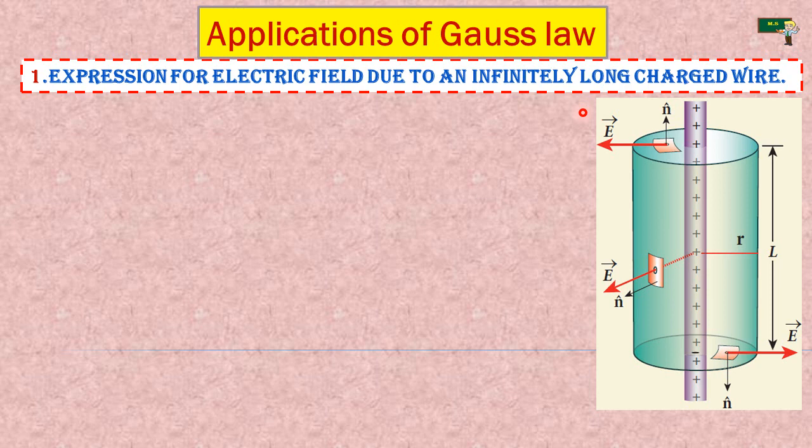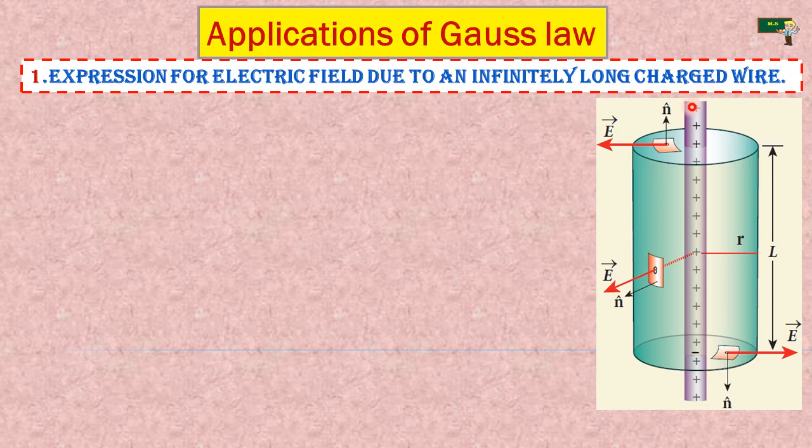That Vamana Avatar means you cannot see the end and you cannot see the start. Like this, it's an infinitely long charged wire. You cannot find the initial position and you cannot find the final position.